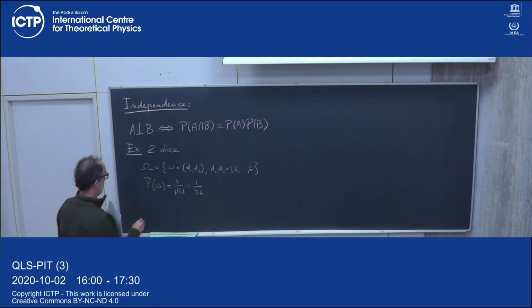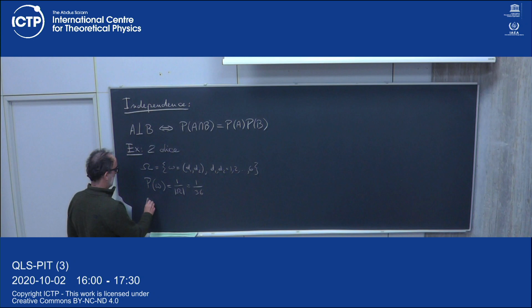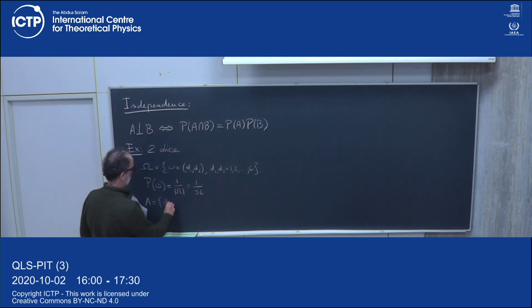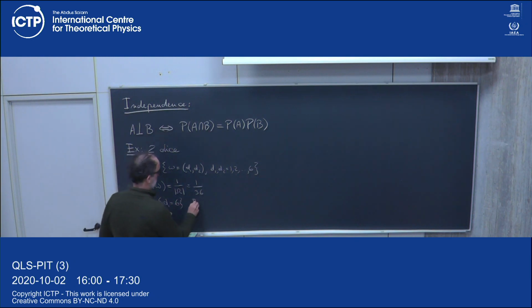Okay, so for example, you can consider two events, A, which is D1 equal to 6, and B, which is D2 equal to 1.